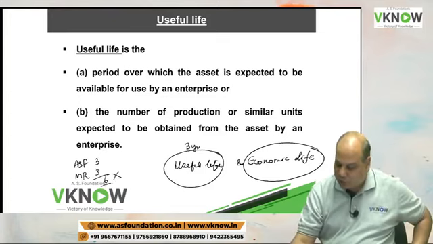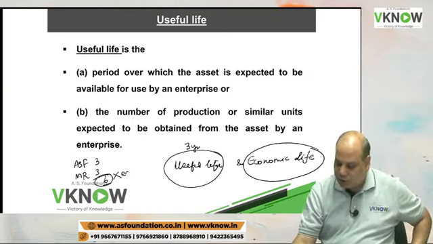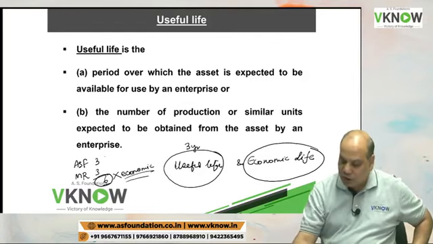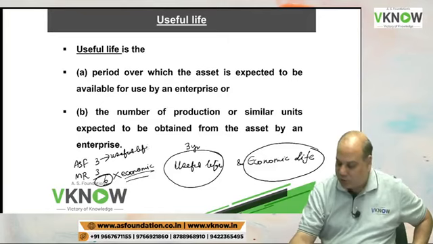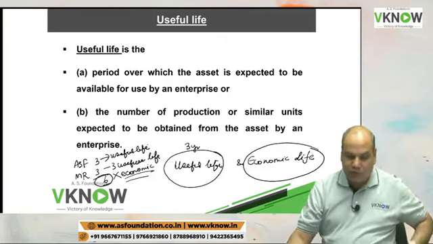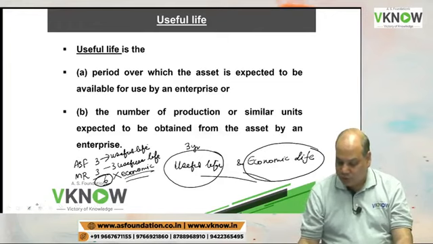After that, this laptop cannot be used. So 6 years is the economic life, the total life for which the asset can be used, and 3 years is the useful life for ASF. 3 years is the useful life for Moonrise Limited. Is it right? So that is about useful life versus economic life.